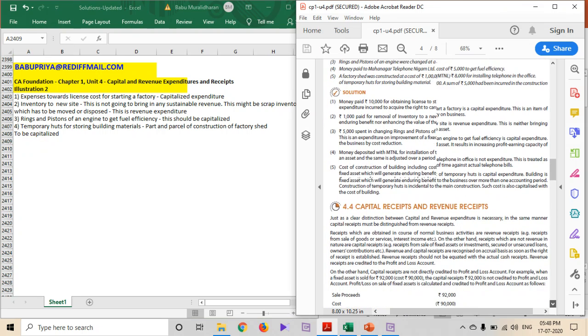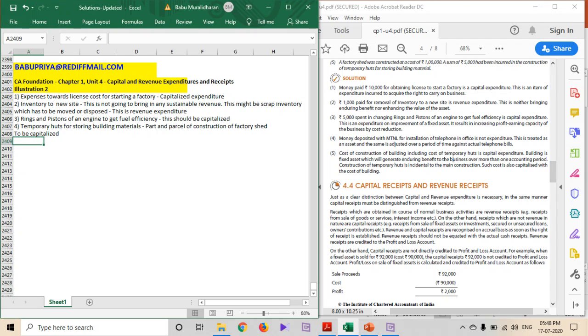Similar to capital expenses and revenue expenses, a revenue receipt is nothing but sale in the normal course of business, or dividend received, or interest income, and any other income which is accrued during the normal running of business. So this is called revenue receipt.